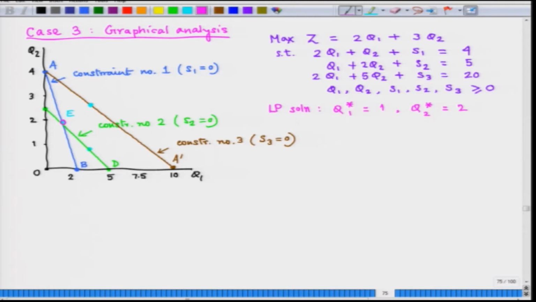Now, we are going to study the sensitivity analysis. What if I say that my net unit profit is now going to change? Okay. So, let us start our analysis with the objective function itself. Okay. So, we have the objective function which is given here. Now, let me introduce a concept called iso profit line.